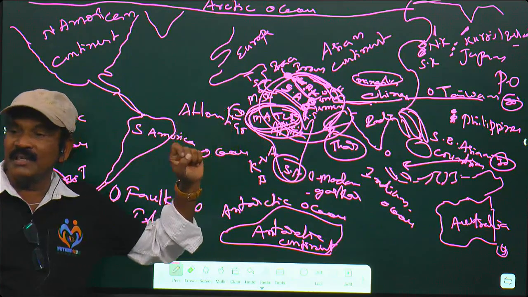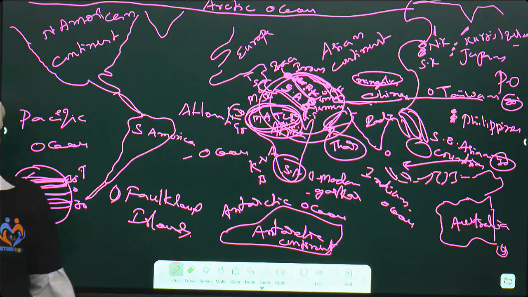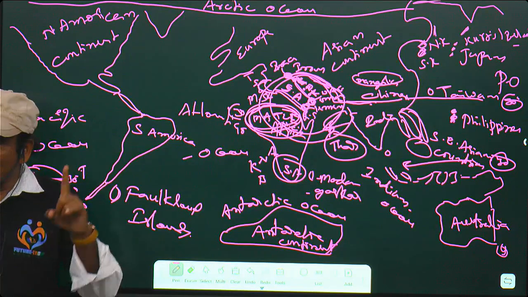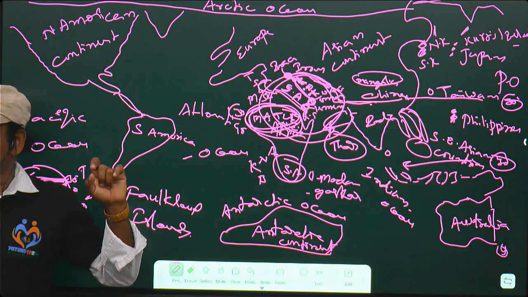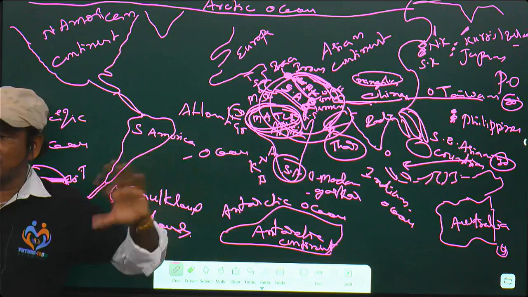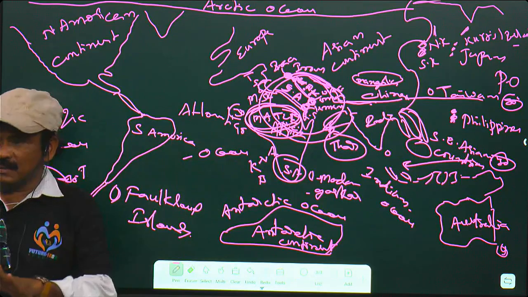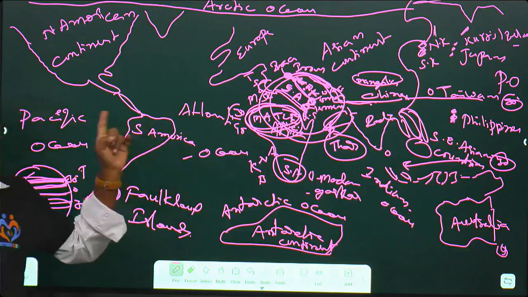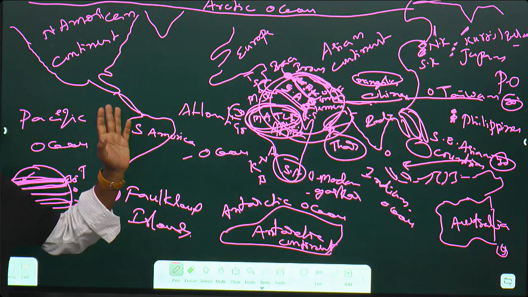The main reasons for the development of tropical deserts on the western side of the continents: one is subtropical high pressure belts, developed on either side of the equator, 30 degrees northern hemisphere, 30 degrees southern hemisphere. The second point is offshore trade winds. Third point is westerlies.